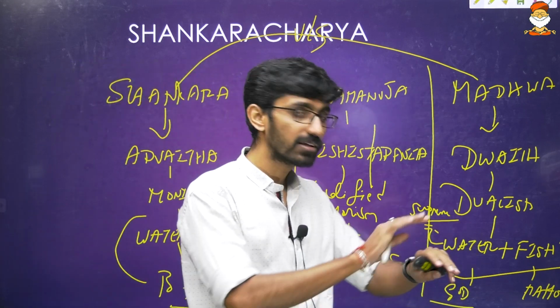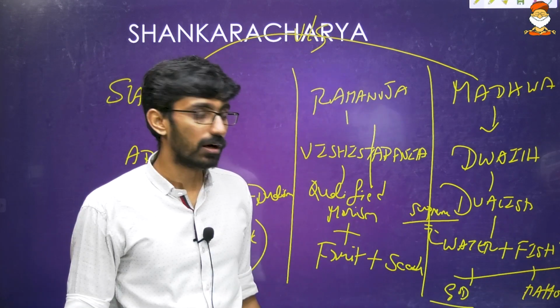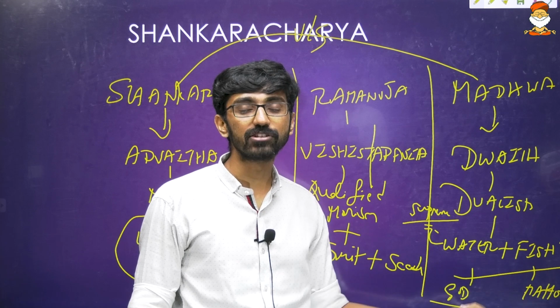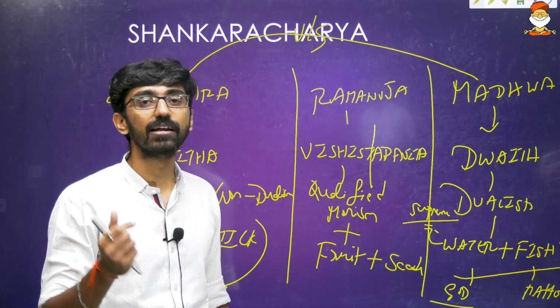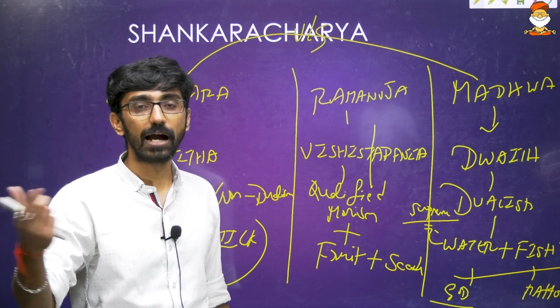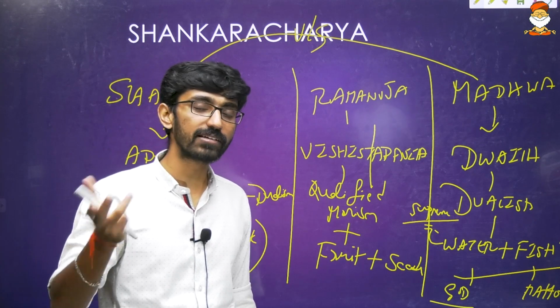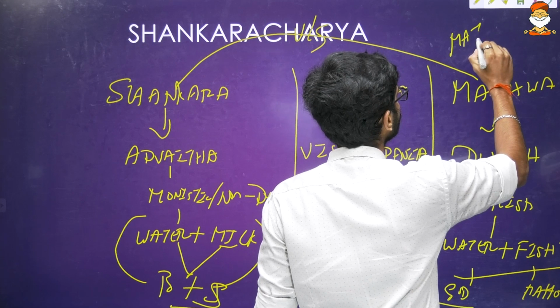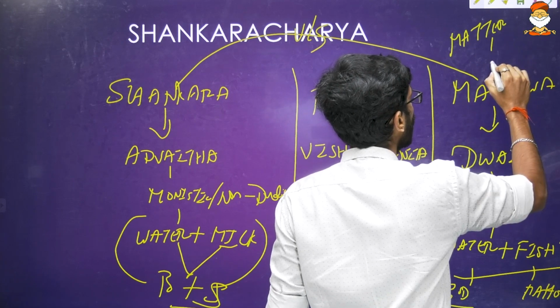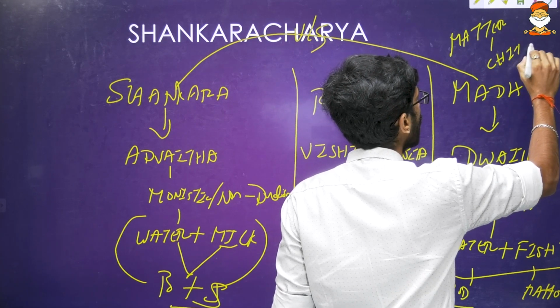Dvaita says there is a supreme master and slave relationship. Visishta Advaita is the fruit and seed relationship between God and the matter. Matter means living beings and non-living beings, and matter can also be called Chit and Achit.